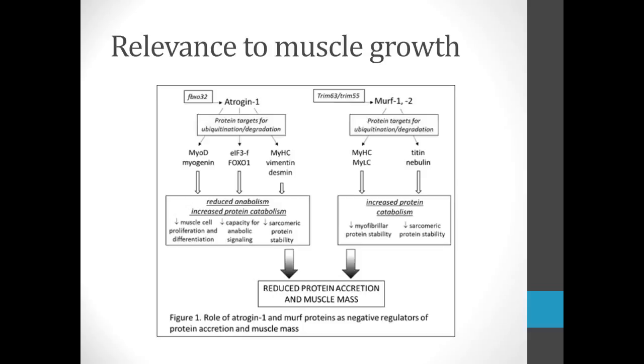So increased expression during feed deprivation is likely promoting reductions in muscle growth capacity, while reduced expression during recovery growth supports an increased capacity for anabolic activities and promotes accretion in muscle mass.